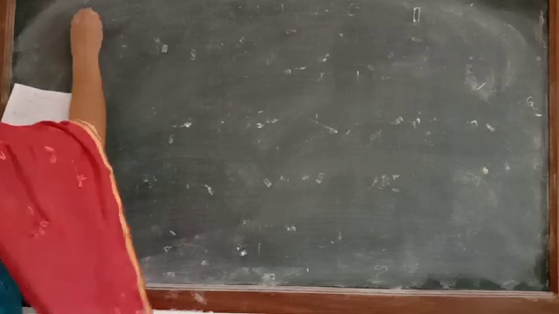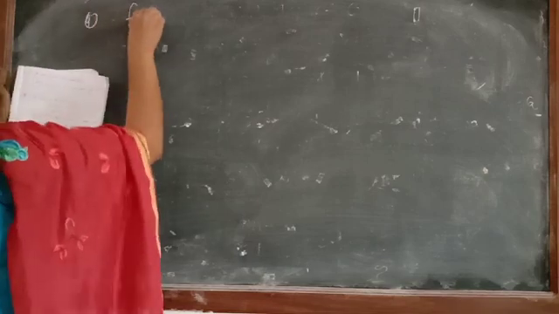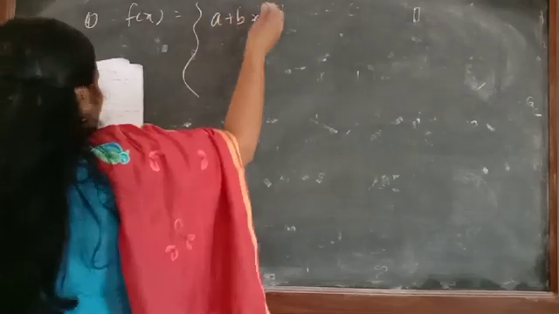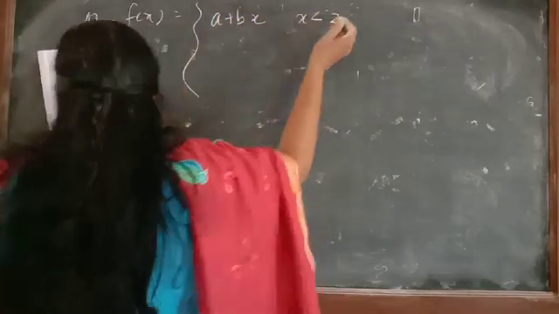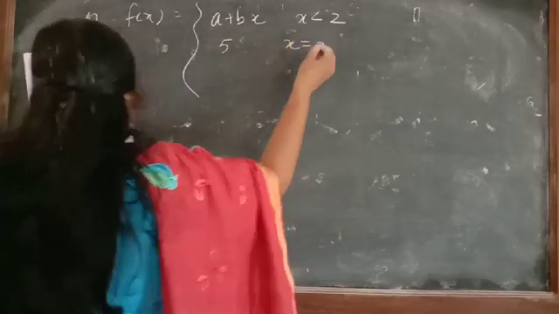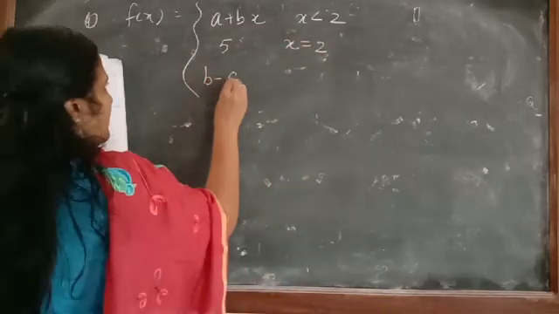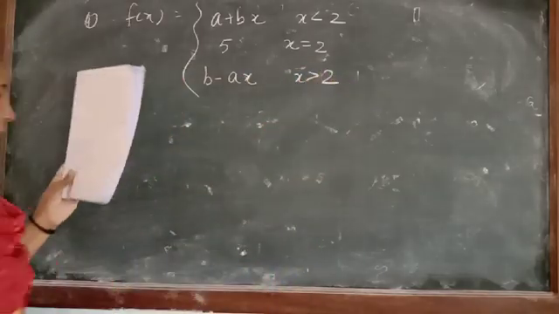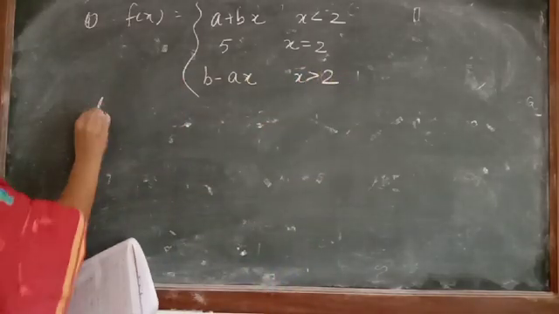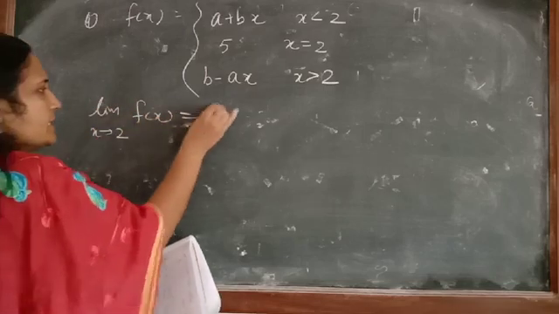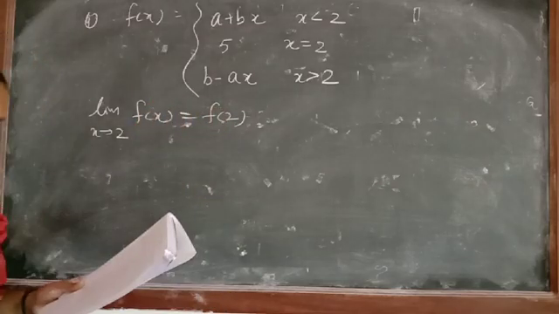In the next question it is written, suppose f of x is equal to a plus bx if x is less than 2, equal to 5 if x is equal to 2, and it is equal to b minus ax if x is greater than 2, and limit x tends to 2 f of x is equal to f of 2.